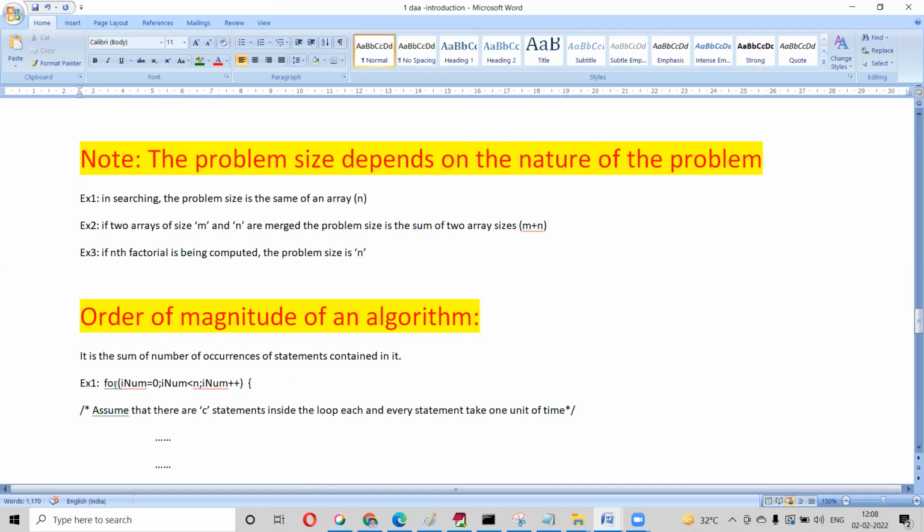Suppose you take a loop, with initialization, condition, and an increment or decrement step. How many times will this loop be repeated? Assume there are C statements inside the loop, and each statement takes 1 unit of time.